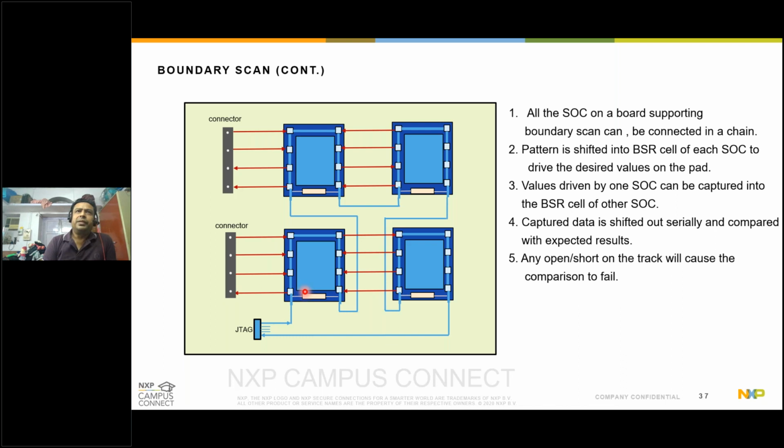But it is generally not the yield that is impacting your DFT. It is generally the other way around: how your DFT is impacting your yield.